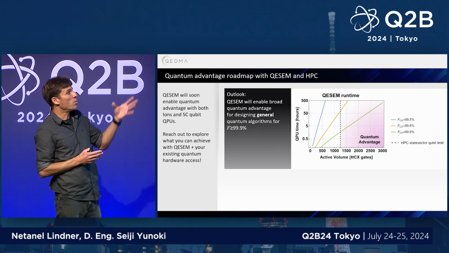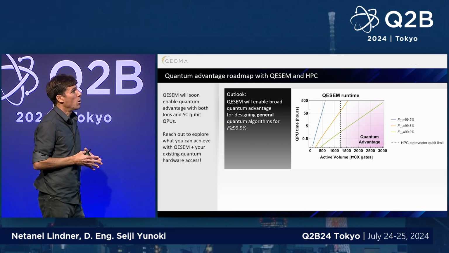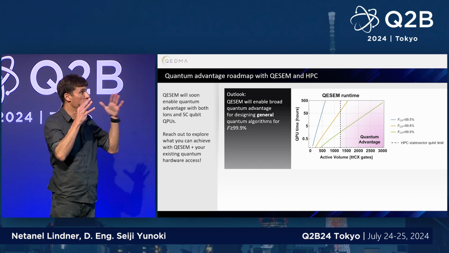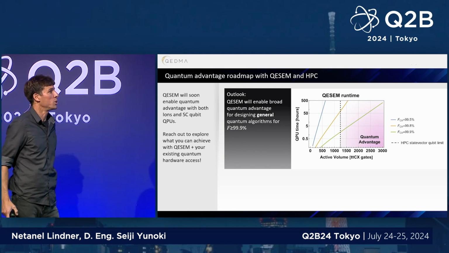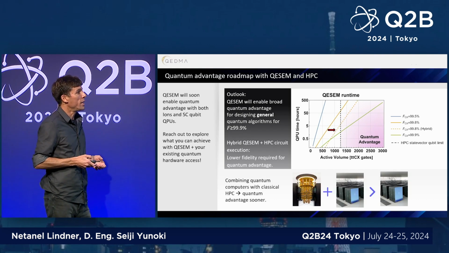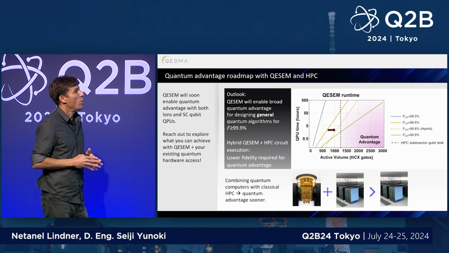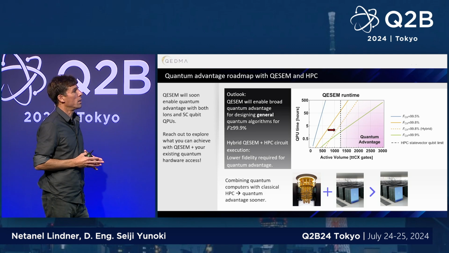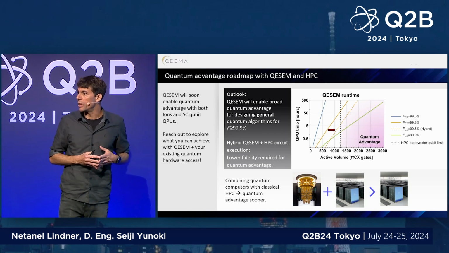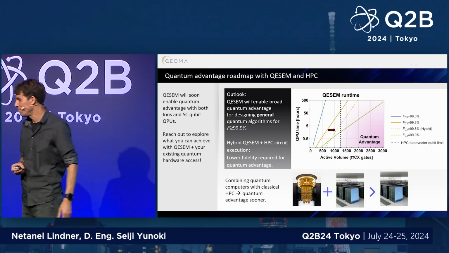And you can see from these plots that already with fidelities of 3 nines, we'll be able to provide quantum advantage, we'll be very deep in this quantum advantage regime. And Seiji-san is now going to show you that by combining HPCs together with error mitigation, we can actually push these lines forward and considerably accelerate the timeline for obtaining quantum advantage. So Seiji, the floor is yours.